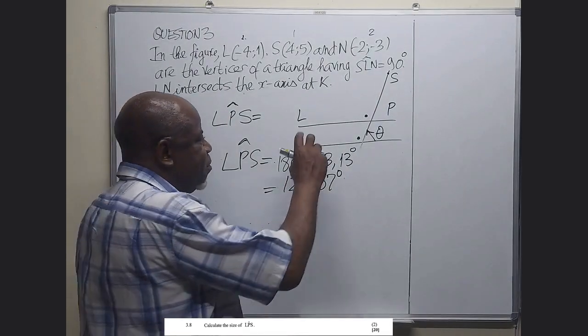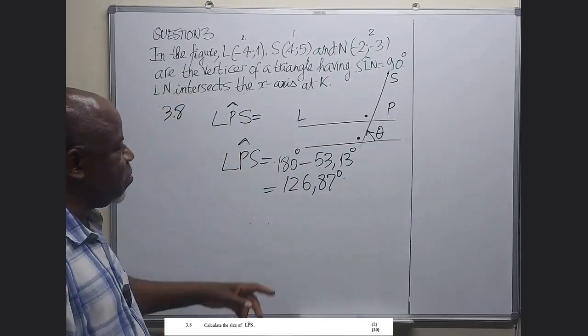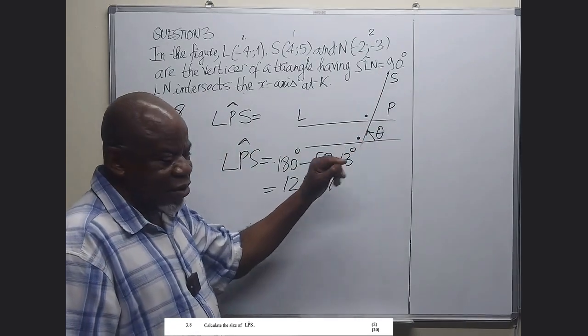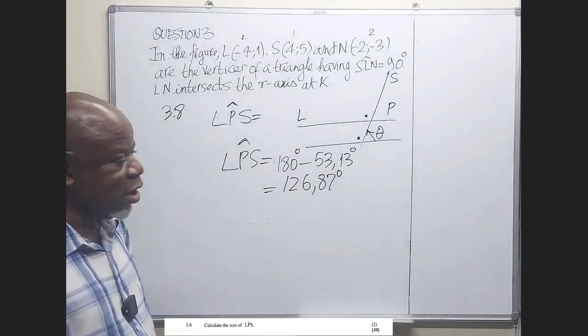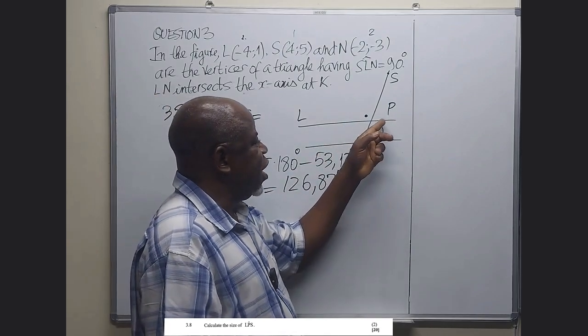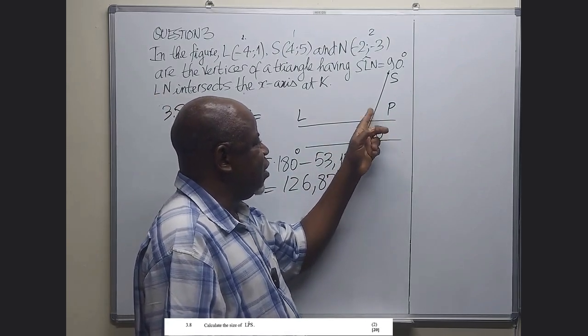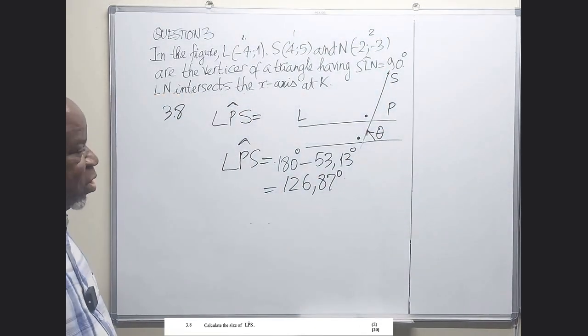I've made it simple like this so that you can understand that when we have two parallel lines cut by a transversal, and the transversal is the side SN on the triangle, to get angle LPS, it will be 180 minus theta, then we get angle LPS.